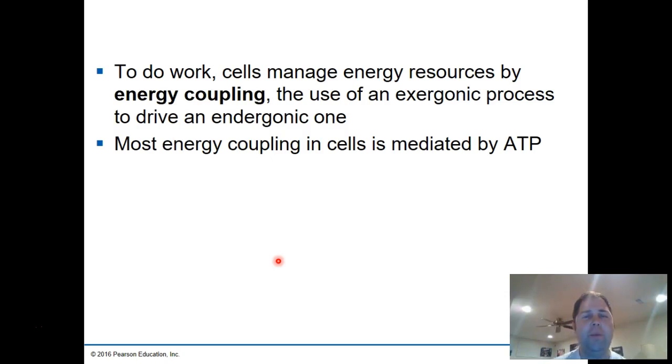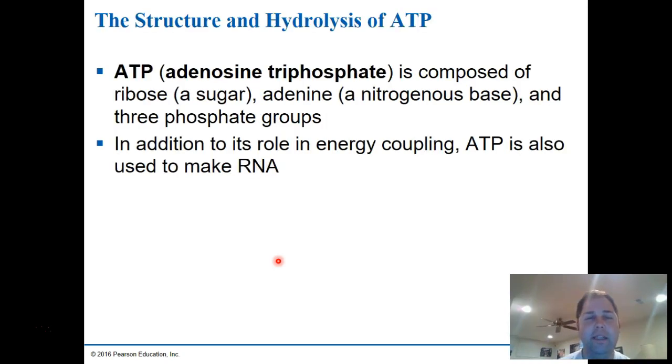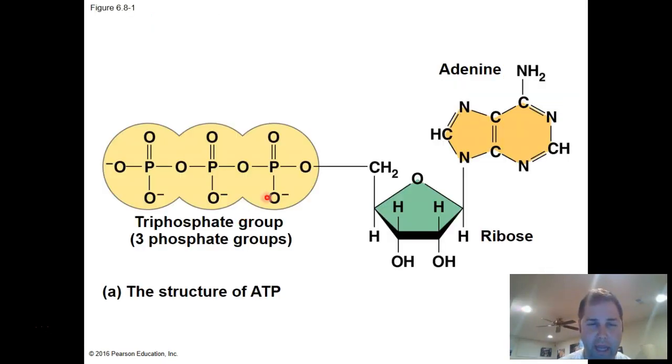So we're going to couple our energy by putting an exergonic process next to an endergonic one, typically using ATP. And we've talked about ATP a lot in this class. It's a ribose, adenine, and 3 phosphate groups. And the energy is over here in the phosphodiester bonds.